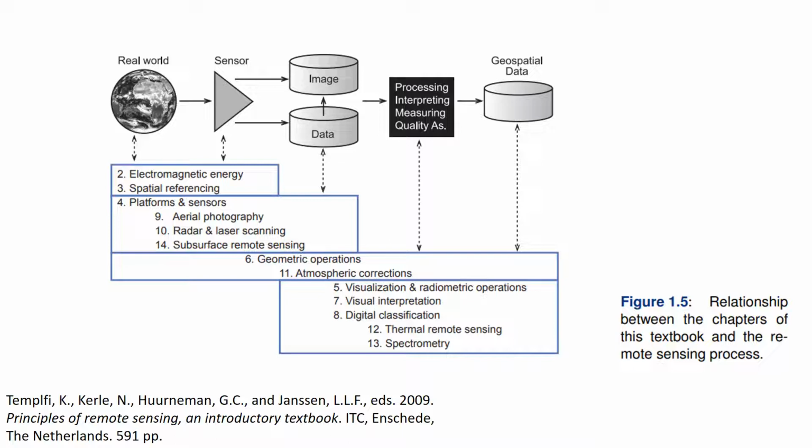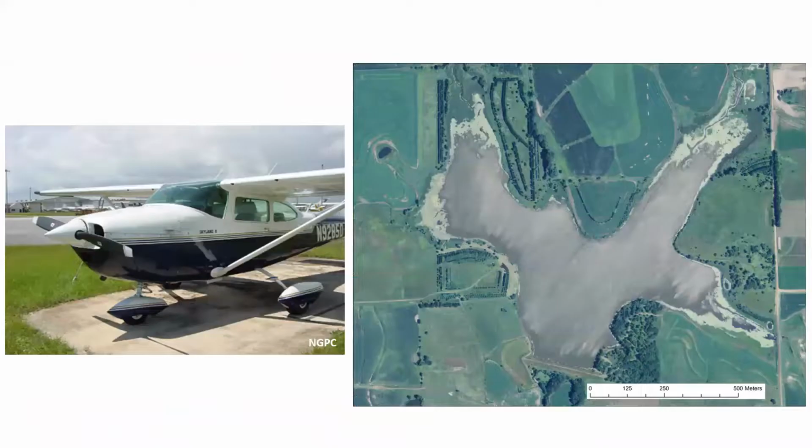I gave the example that you could consider our senses, our eyes and ears, as sensors for getting information from a distance. But when we talk about it in remote sensing, we think of sensors and cameras on satellites or airplanes, even drones now.